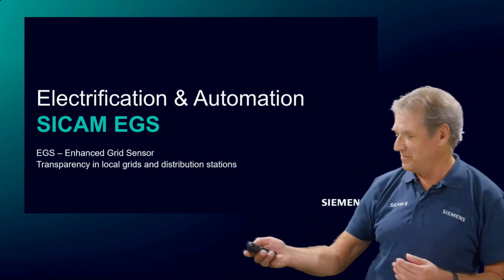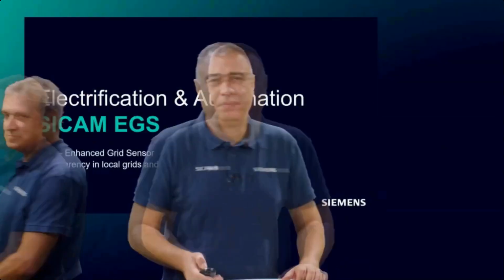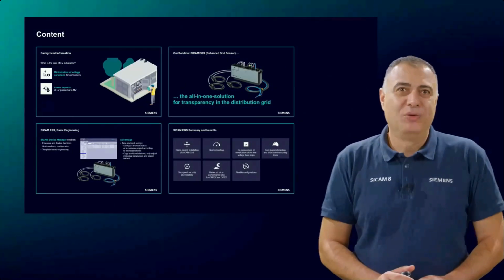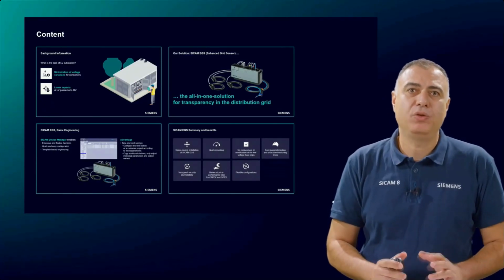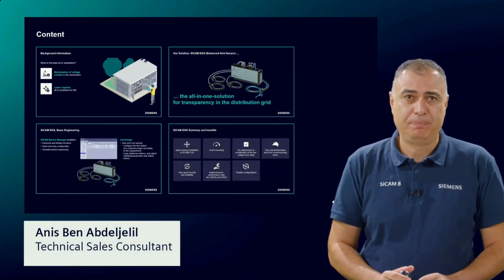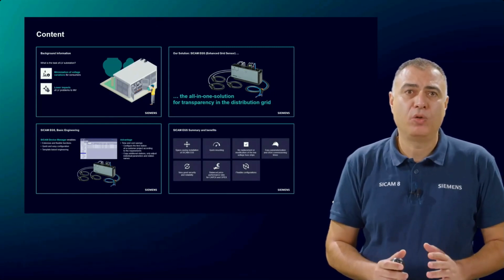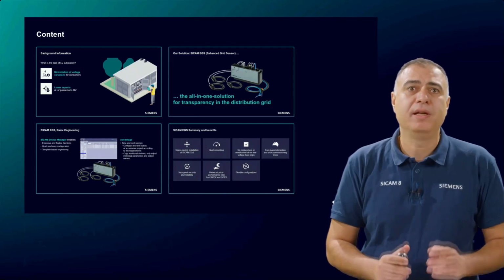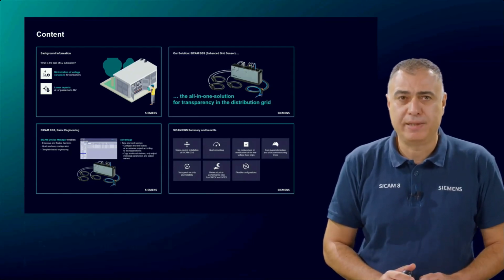Hello, everyone. Good morning from my side. This presentation will be divided into the following 4 sections. We are pretty sure that most of you already know the purposes and challenges of low voltage transformers, distribution stations, and low voltage distribution grids.